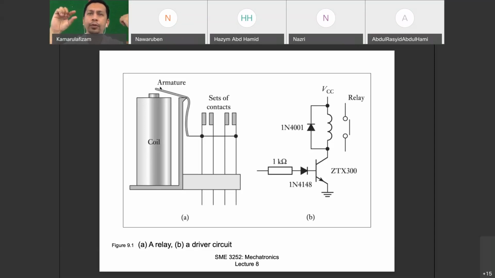Dan because switching ni basically akan create spark dan akan create some kind of, on the smaller scale, electron tu dia bounce bila you ada sudden contact. Bila dia bounce, basically dia akan create the back EMF yang akan tendang balik dalam arah yang berlainan dia punya current dia.